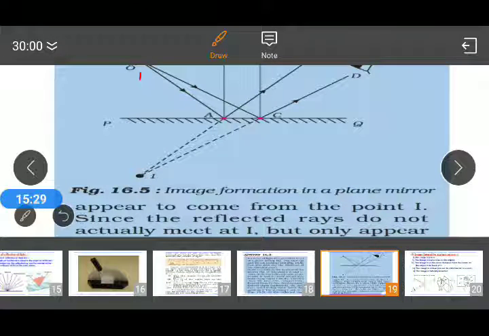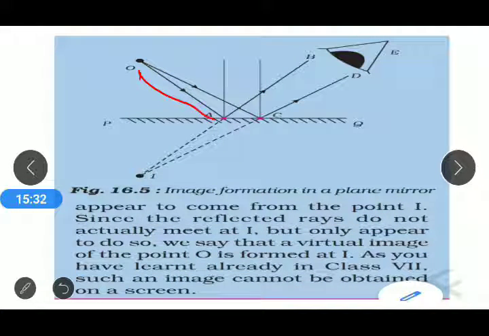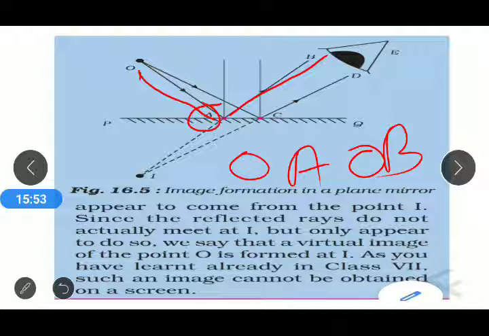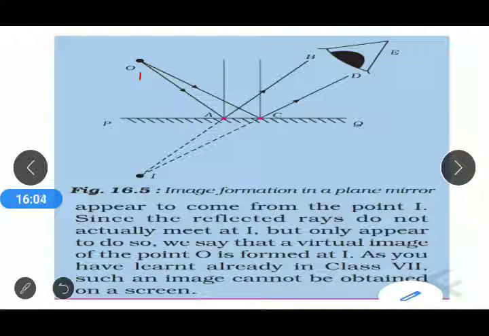The first ray is incident at a point of incidence A. After that point of incidence, it is reflected back and represented by point B. That means OA is the incident ray and AB is the reflected ray for the first ray, and this is the normal for the first ray.